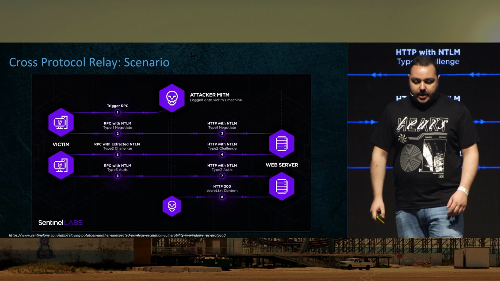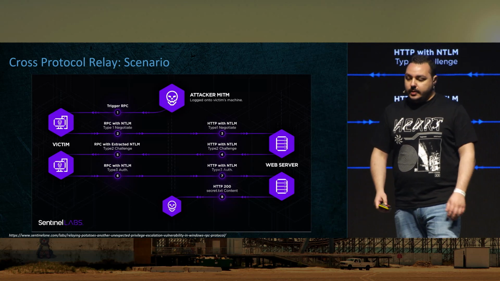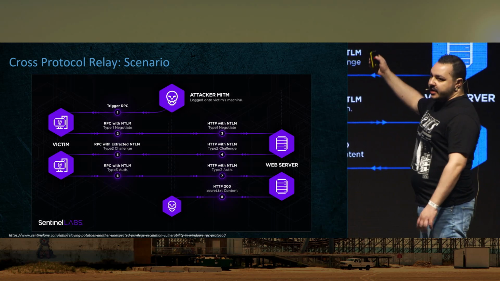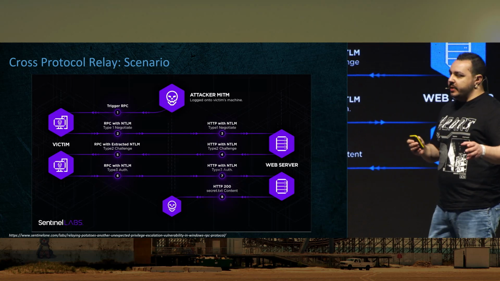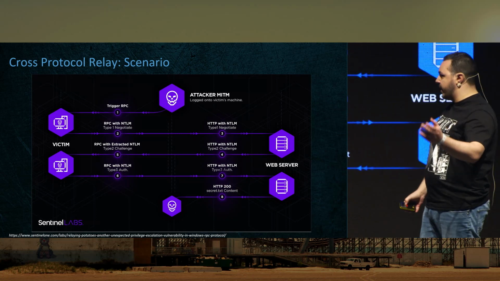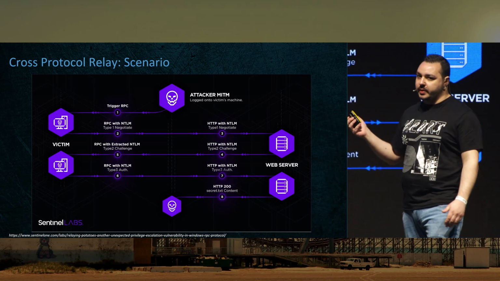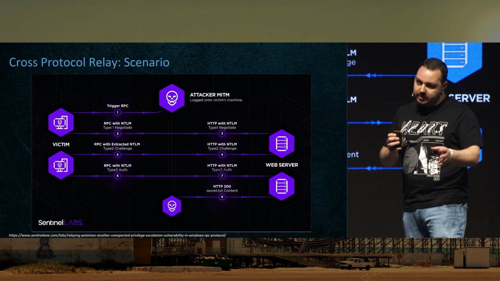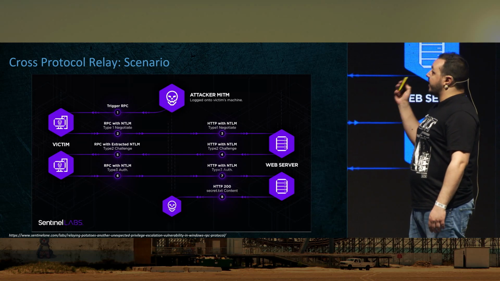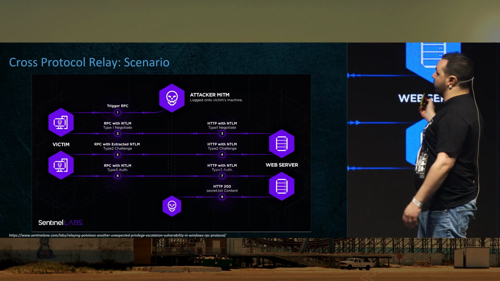So this is the scenario that we set up. It's a man-in-the-middle attack, but a little weird because the 2 protocols are different: on the left we have RPC, and on the right HTTP. It could seem strange, but it works. In the middle we have the attacker, on the left the victim, and on the right the web server.